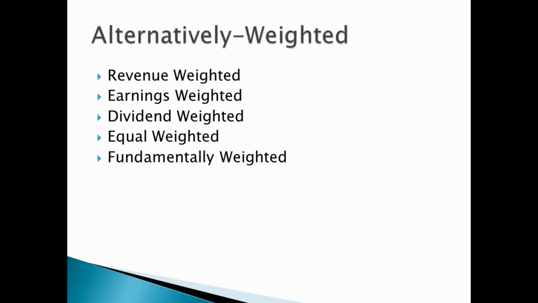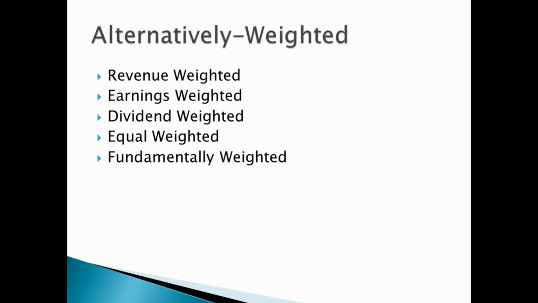And we'll look at different ways that a fund could weight the stocks in its portfolio that would be different than traditional market cap weighting, where the biggest ones get the heaviest weight. Some funds are doing it by revenue. So they simply look at the gross revenue companies generate, and based on that revenue, that's their weighting. Some do it on earnings. Think of earnings as your net, the profit that companies would have, and weight it by profits.